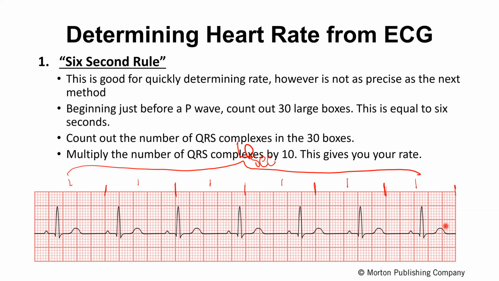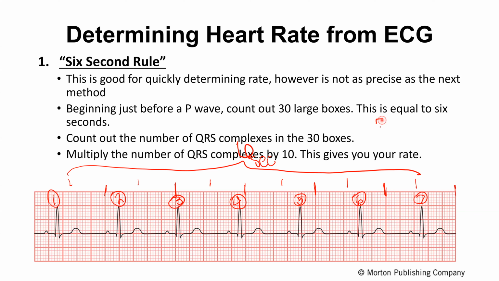The best way to do this is to look at the R waves, which are these really tall ones, because those are usually super easy to see, but just make sure that you have a complete wave set. So we have 1, 2, 3, 4, 5, 6, 7. Okay, so we have 7 beats.